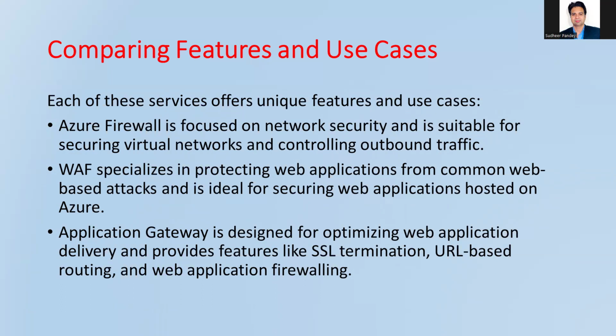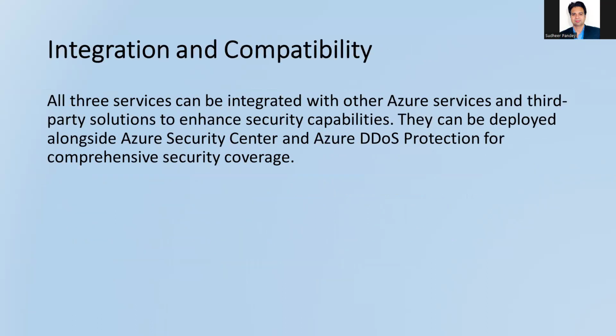Whereas WAF is specialized in protecting web applications from common web-based attacks and is ideal for securing web applications hosted on Azure. Application Gateway is designed for optimizing web application delivery and provides features like SSL termination, URL-based routing, and web application firewalling.